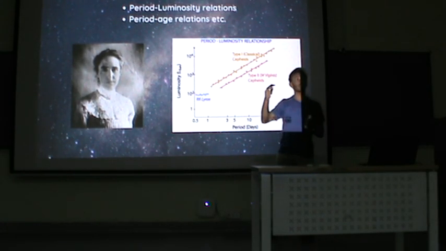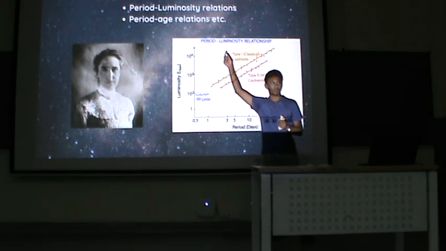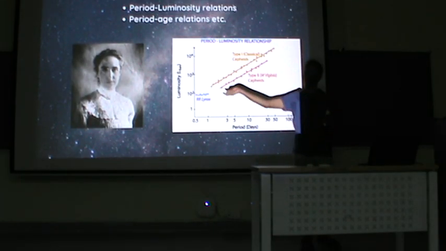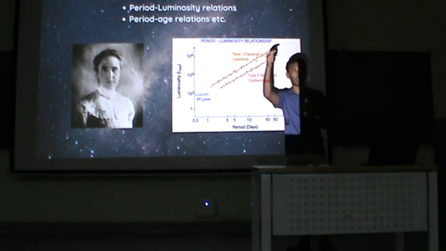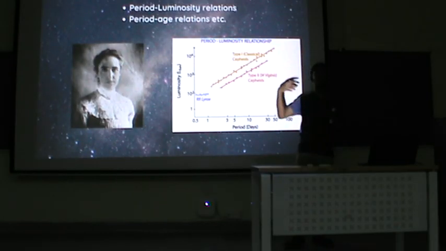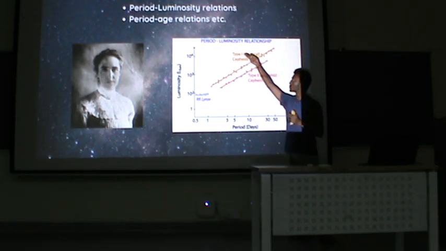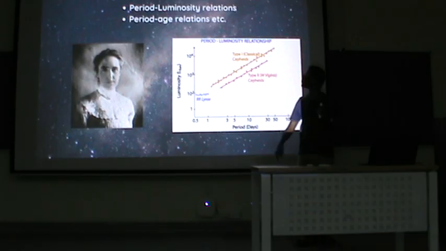So if you know the period, you can get the luminosity of the star, and once you know the luminosity, you can place it in the Hertzsprung-Russell diagram and you can get a lot of stellar parameters. You can get the age from the period-age relation. The period-luminosity relation is particularly very important.